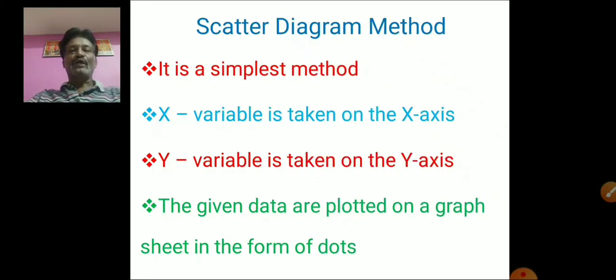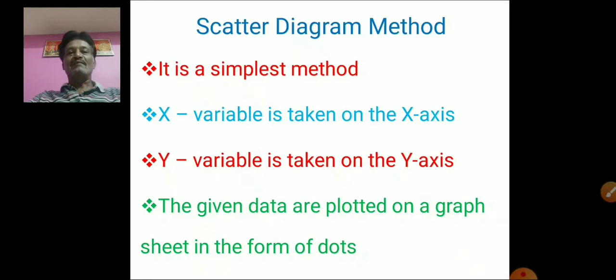So first, take the scatter diagram method. It is the simplest method. Here we study the relationship between the variables diagrammatically.